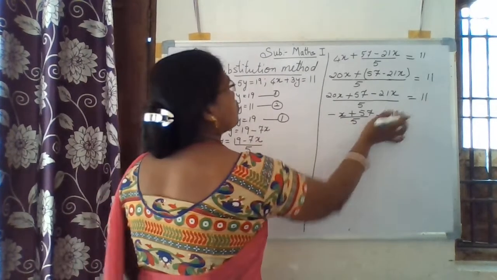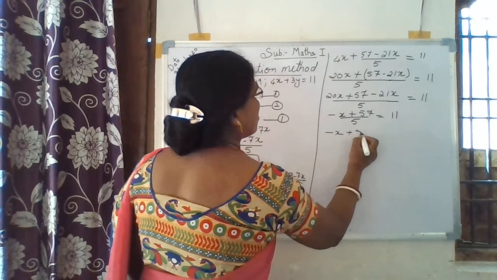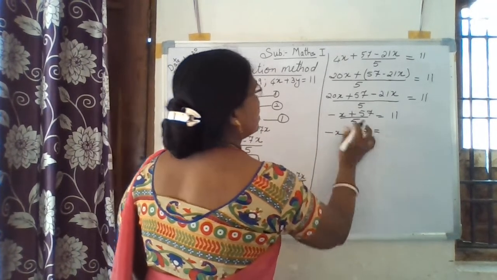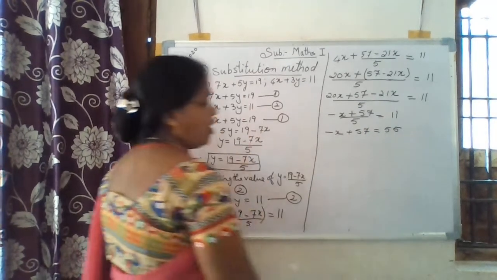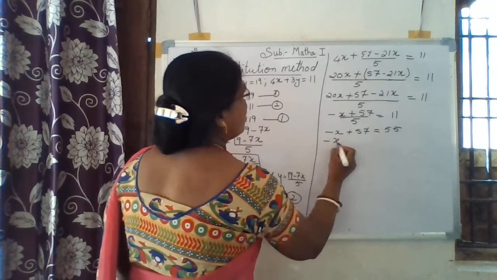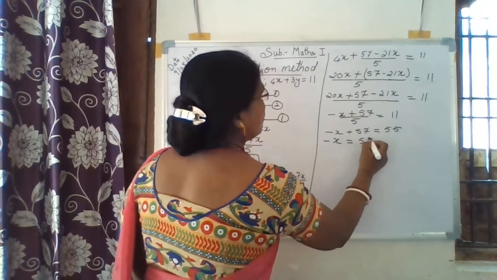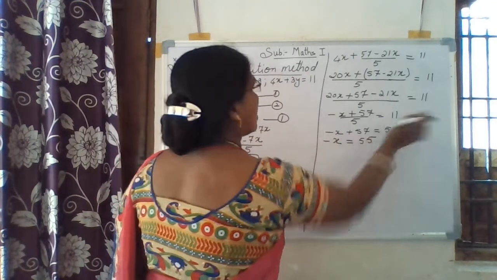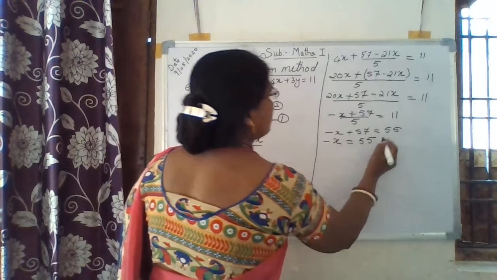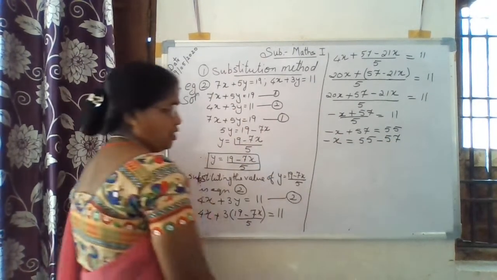Now I will do cross multiplication. So it is minus x plus 57 is equal to 11 into 5, that is 55. Now minus x is equal to 55 first, then transfer plus 57, which becomes minus 57 by transposition.